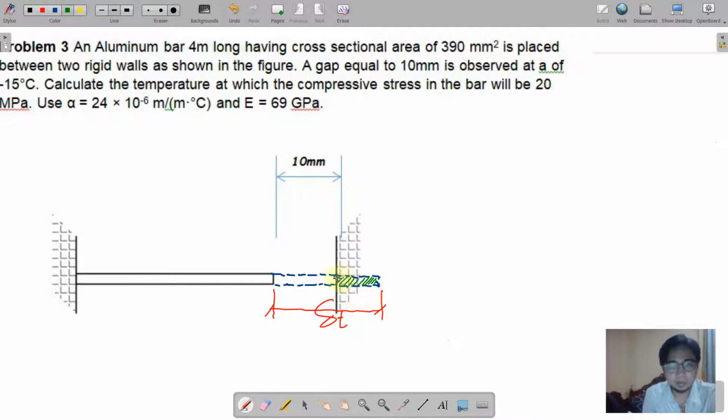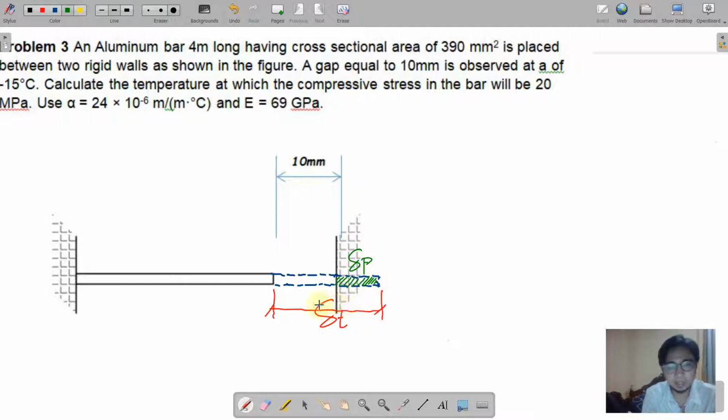Okay, so kapag pinahaba mo pa ng lalo yan, hahaba pa yan, yung delta T mo, it will further elongate, and there will also be an increase in the deformation due to temperature. Of course, it follows that this delta here will have a corresponding increase.